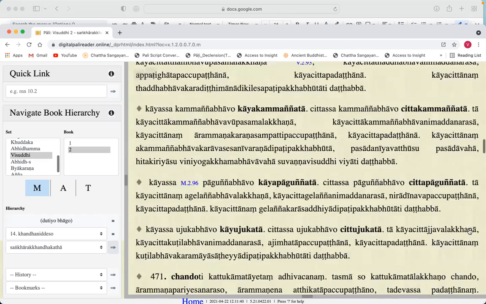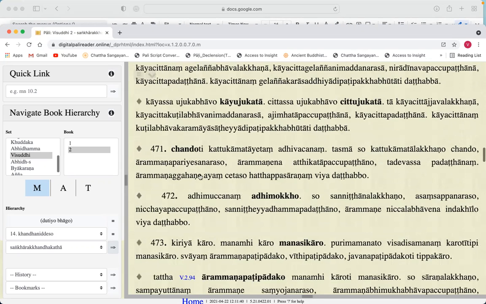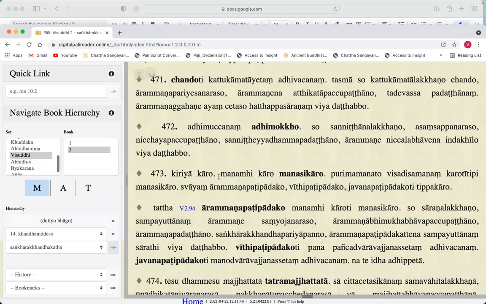So now 96. Kaya Bhagunyada, Jeda Bhagunyada, Kaya Jugada, Jedu Jugada, Adimoko, Manasikaro. So here Kiriya Karo, Manami Karo, Manahi Karo, Manasikaro. That is the first explanation.